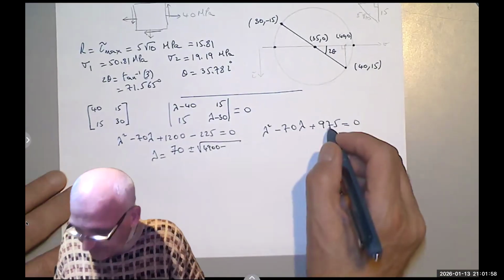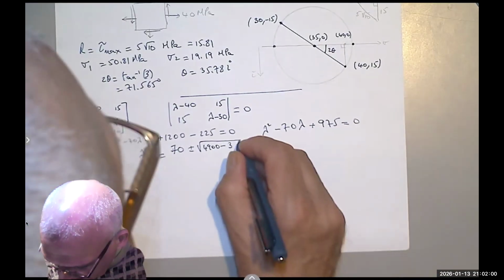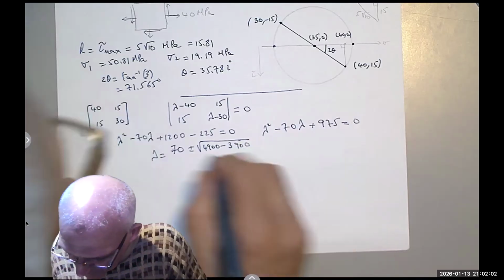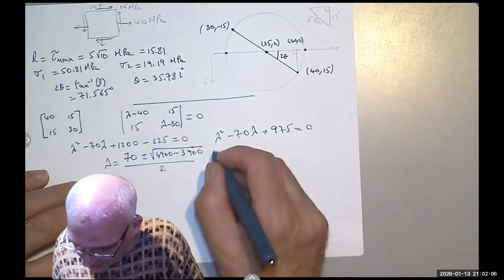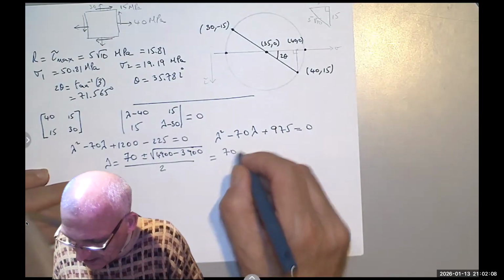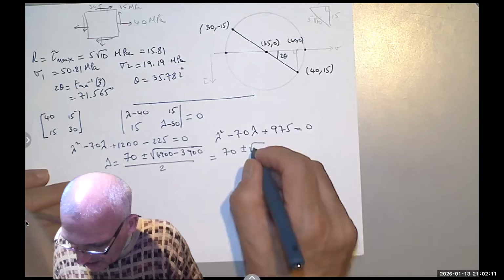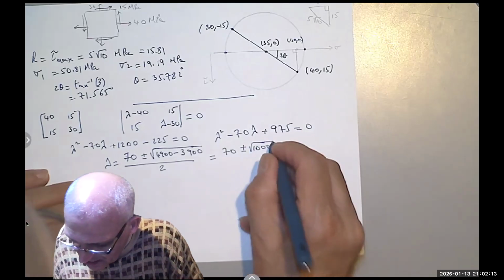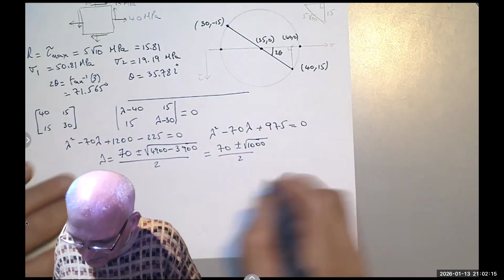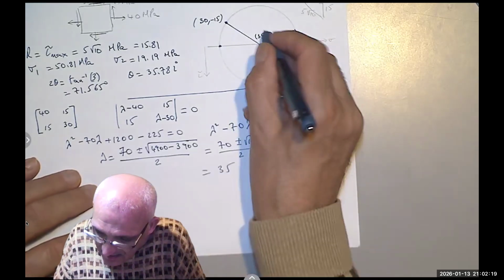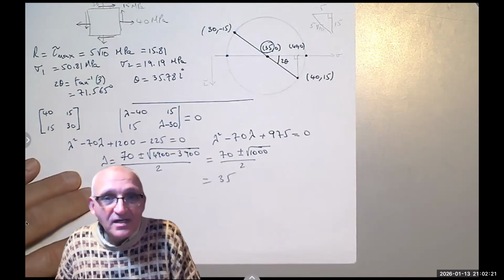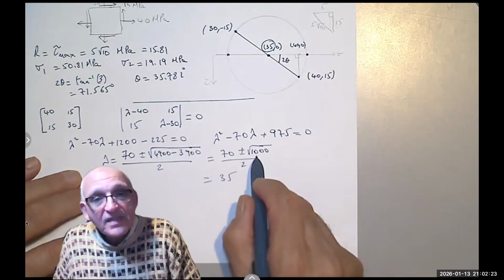So instead of getting 4,000, you get 3,900, over 2. So you get 70 plus or minus the square root of 1,000 over 2, equals 35 plus or minus.